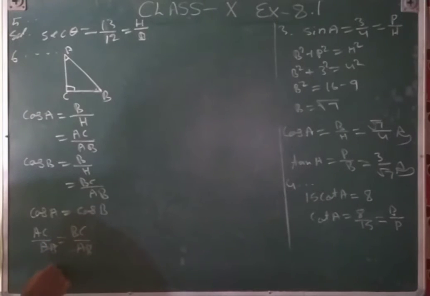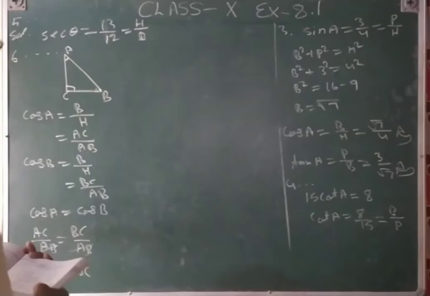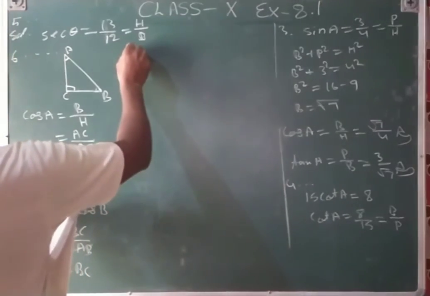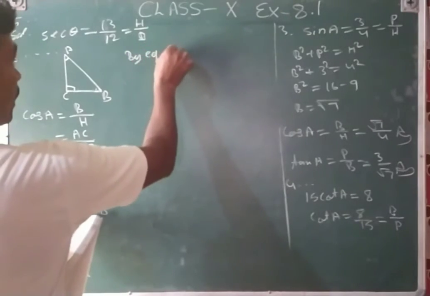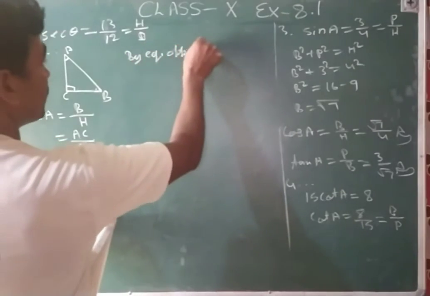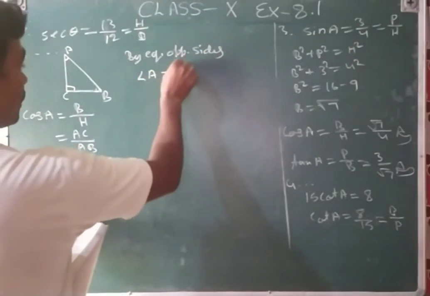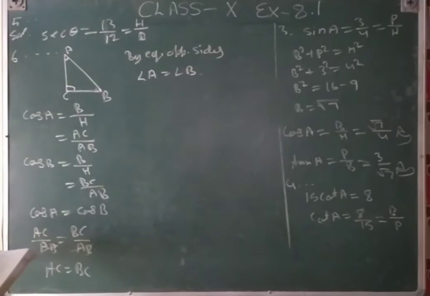AB cancels by AB, so AC is equal to BC. It means both sides are equal. If both sides are equal, then both angles will also be equal. So how will we write that? By equal opposite sides, angle A is equal to angle B. That is proved.